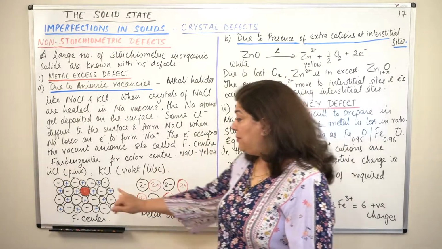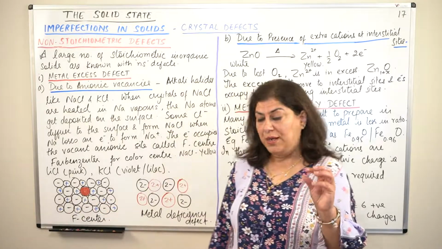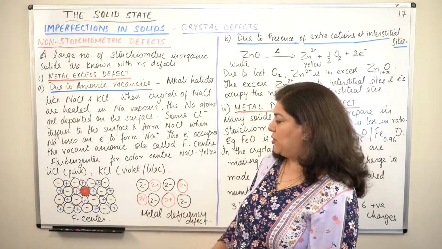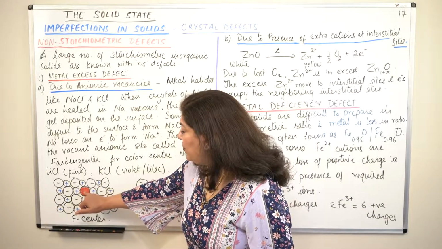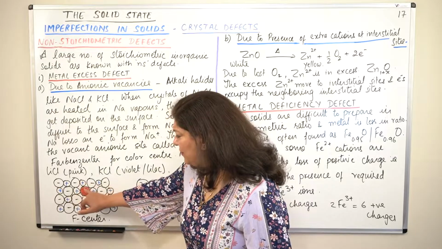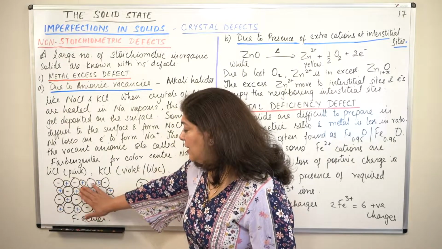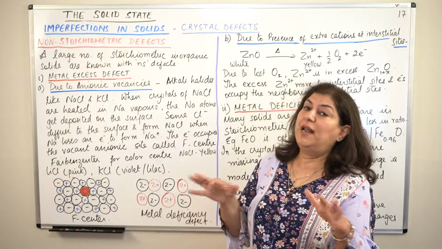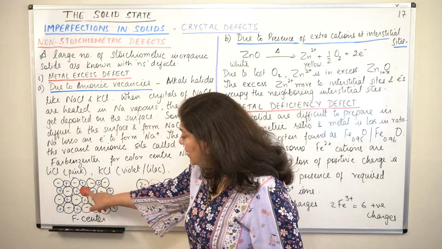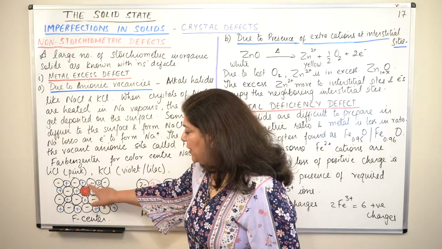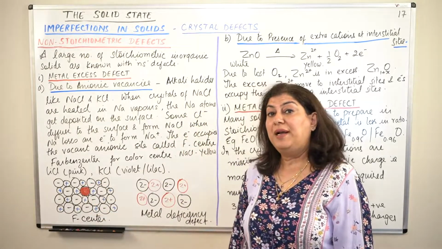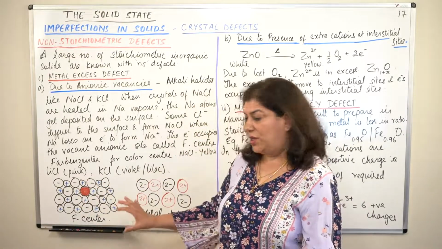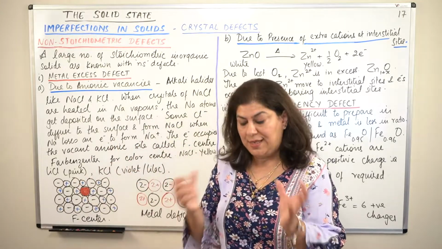But what happened? Imagine this red circle. Imagine that this was the sodium which came to the surface and got deposited. The chloride ion from here moved to the surface, and the red color shows that the chloride ion should have been here, but now this space is empty because the chloride ion went up and reacted with the sodium, thereby converting the sodium into Na+, and the chloride ion, which was negatively charged, combines with it to form NaCl.